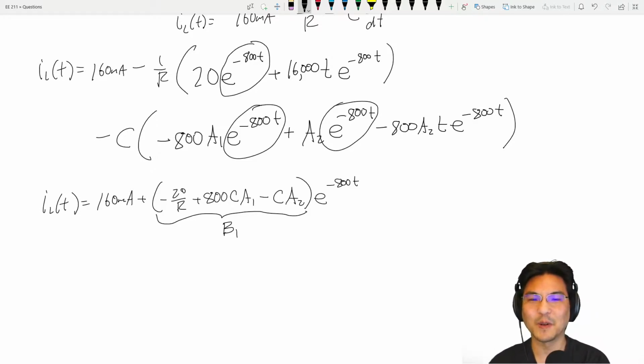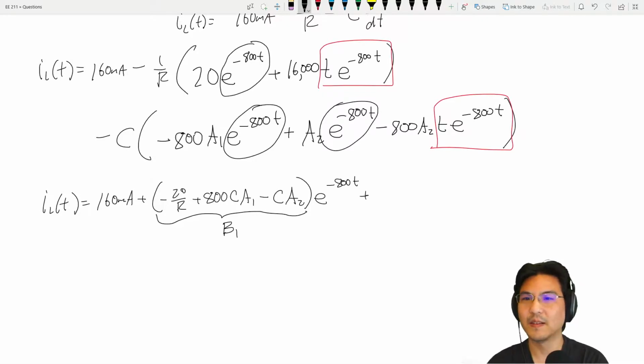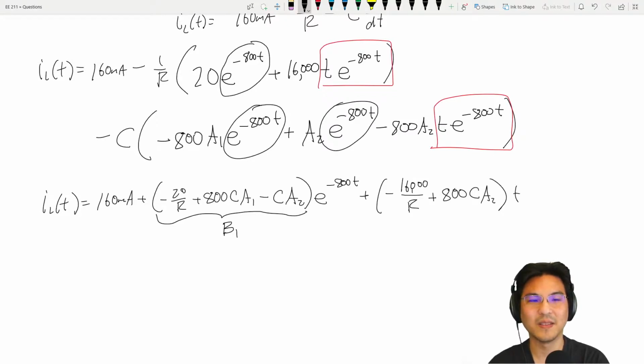Now for the other terms, t e to the minus 800t. There's two of these. So we got minus 16,000 over R, and then plus 800 C A times A2, t e to the minus 800t.